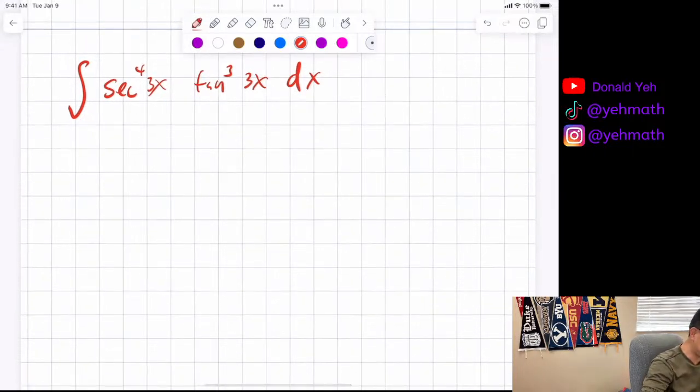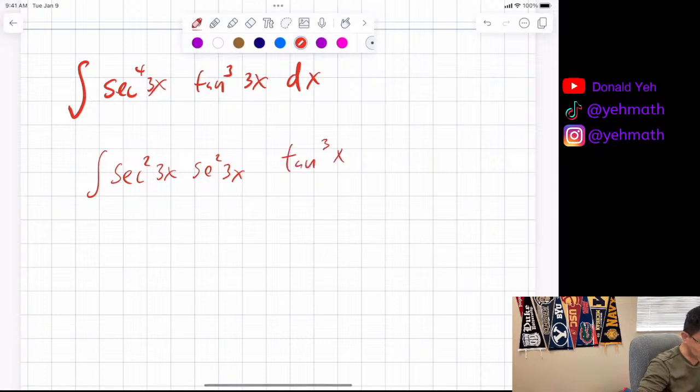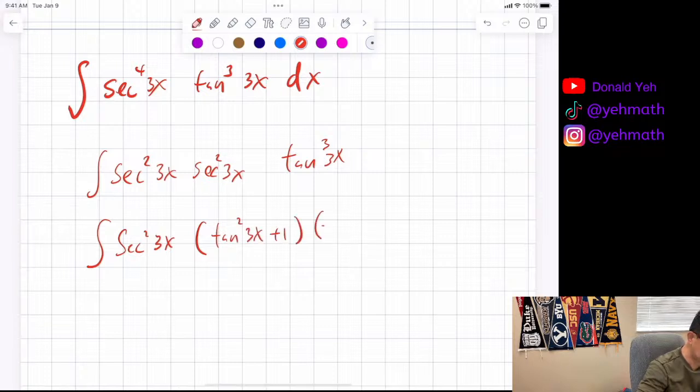Okay, so you guys know what to do, right? Just break up the secant square of 3x times secant square of 3x, because you anticipate that u equals tangent of 3x is going to cancel them out. And then this one, secant square 3x, can convert to tangent square 3x plus 1.